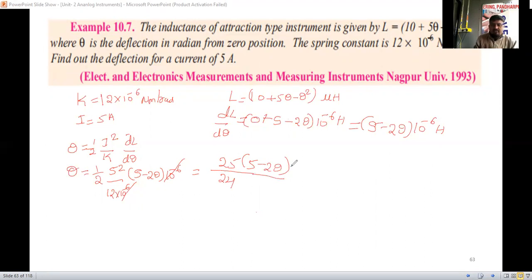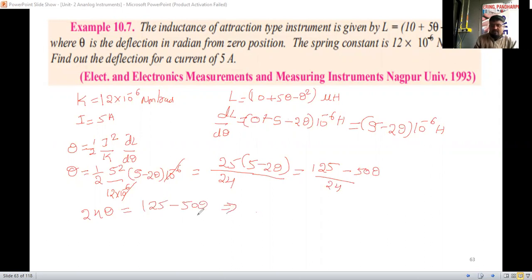Substitute here: 25 into 5 is 125, minus 25 into 2, 50 theta, divided by 24. Send the 24 to the left side, it becomes 24 theta. So 125 minus 50 theta.